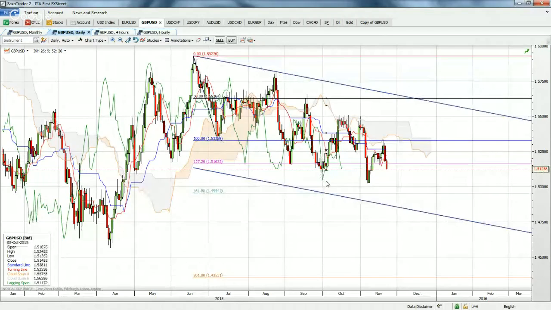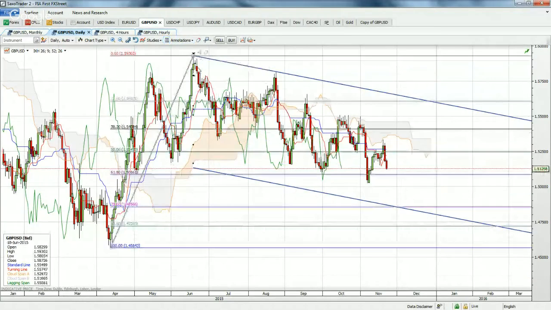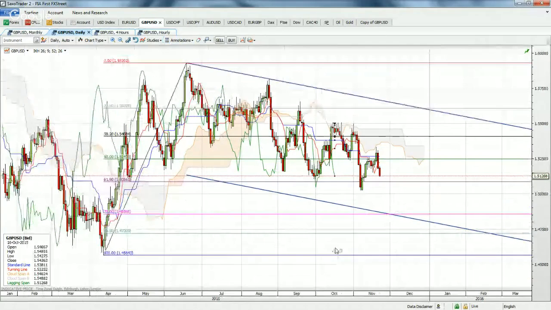What I think we have got here, which looks better to me, again still using that dollar bullish bias, but after a correction, is this 78.6% pullback level. I think that's going to be the main focus over the next few months, trading towards the end of the year.